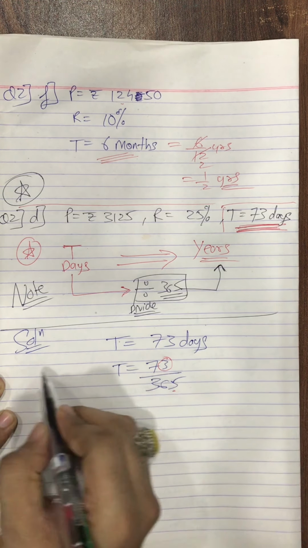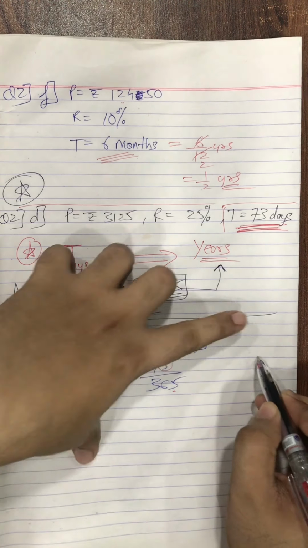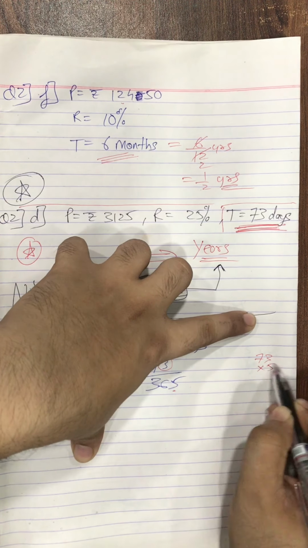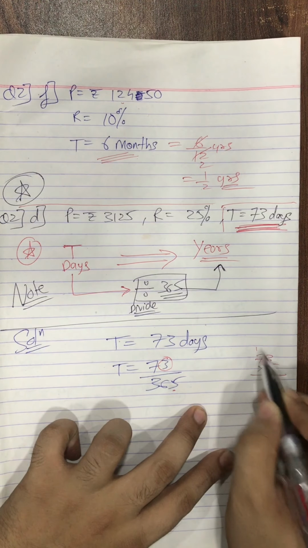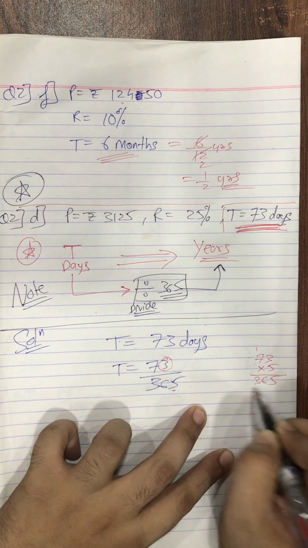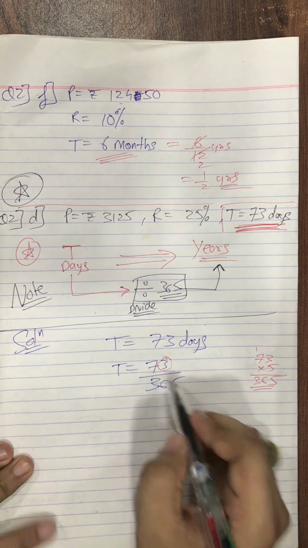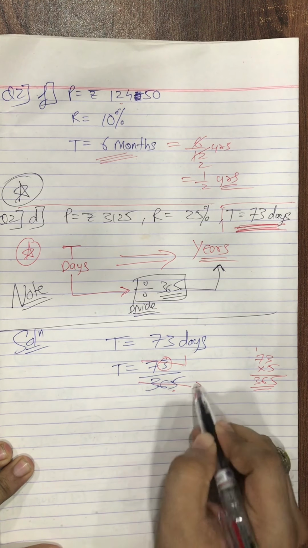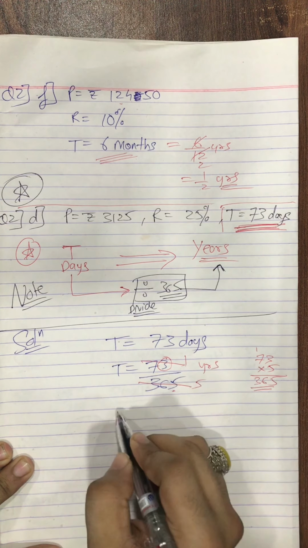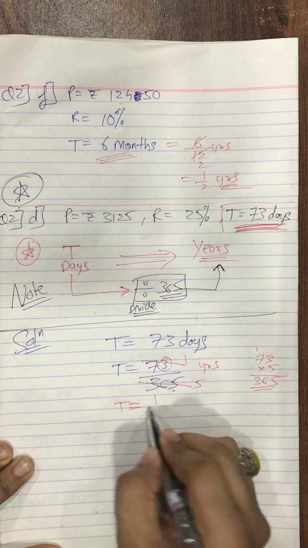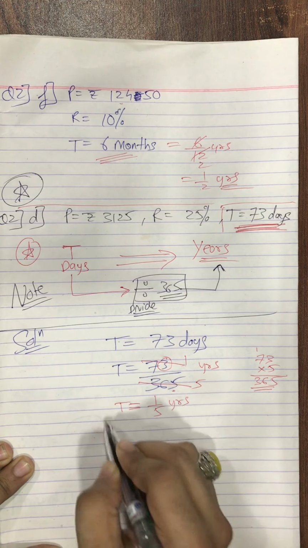So in the rough work I did 73 multiplied by 5. 5 3s are 15, carry 1, 5 7s are 35 plus 1, 36. So 73 ones are 73 and 73 fives are 365. Of course, it's in years. So I got the time period as 1 upon 5 years.